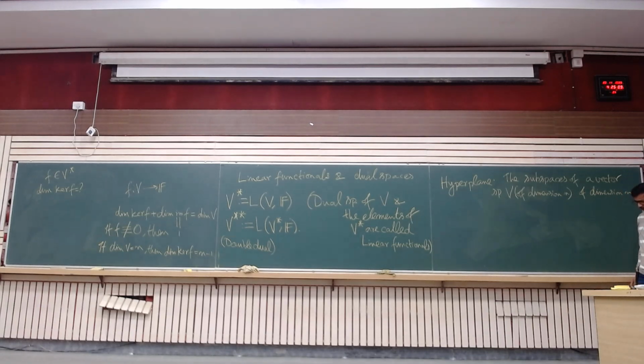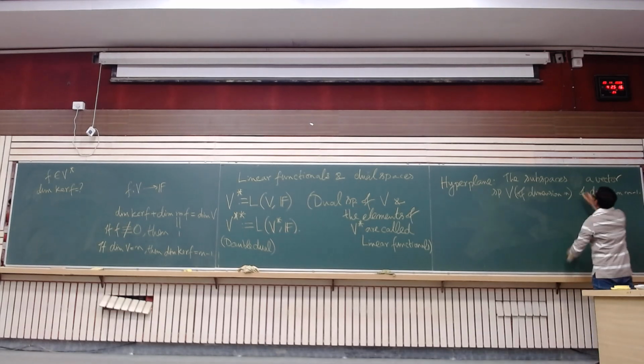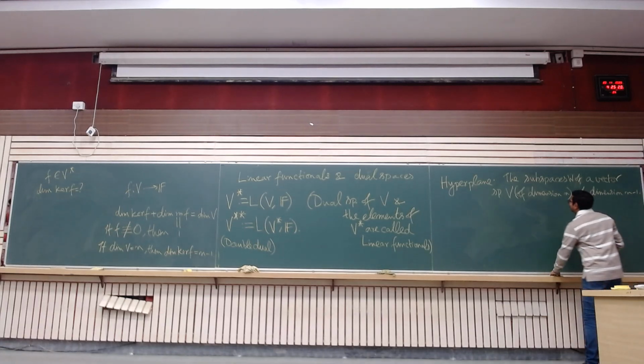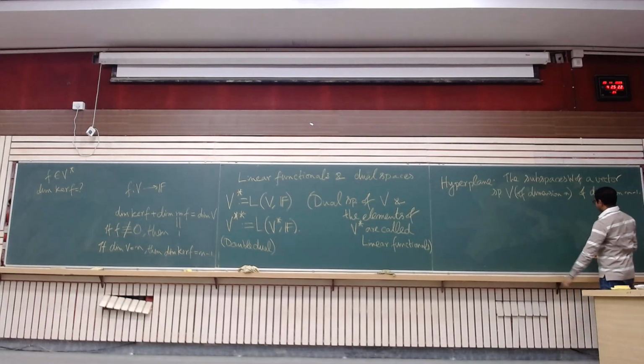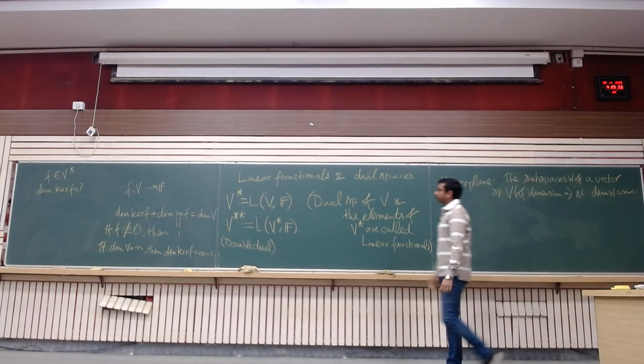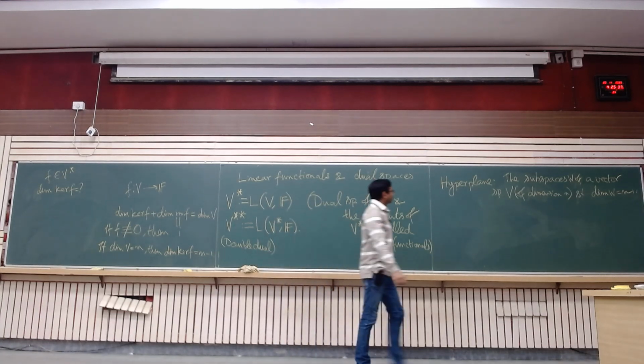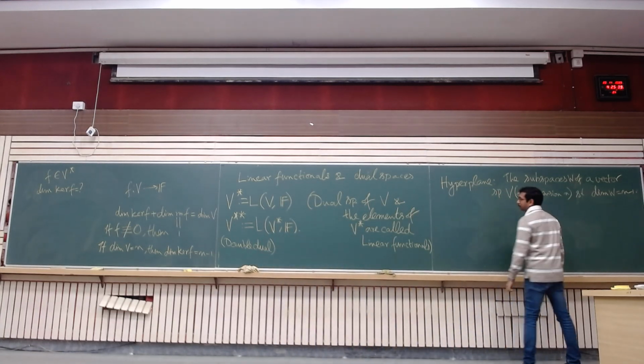Is it clear? I mean, what do we mean here? Maybe we introduce some more notation here. The subspaces W of a vector space V of dimension n such that the dimension of W is equal to n minus 1. This is called a hyperplane.